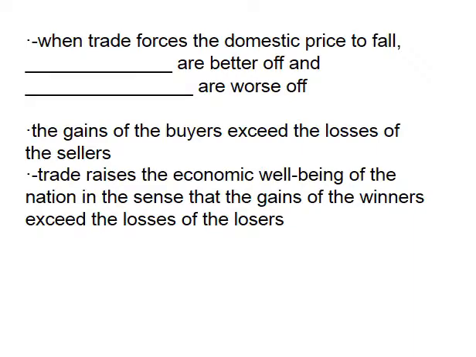So when trade forces the domestic price to fall, we know that consumers are better off and producers are worse off. Once again, the gains of the buyers exceed the losses of the sellers. Well, not once again, but the overall community surplus is greater.